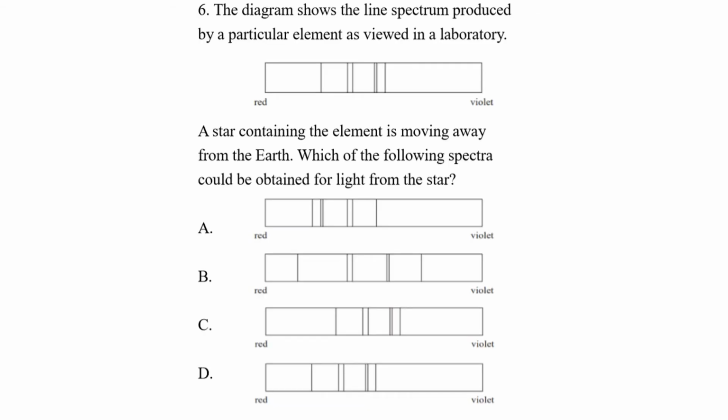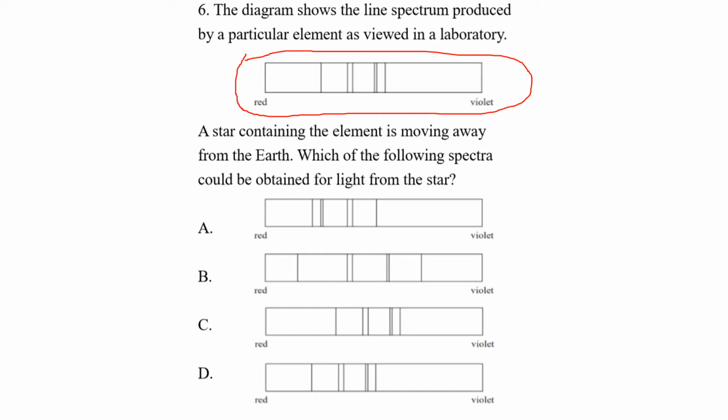The diagram shows the light spectrum produced by a particular element as viewed in the laboratory. This is the spectrum we can call standard, because we record it on the surface of Earth. A star containing the element is moving away.